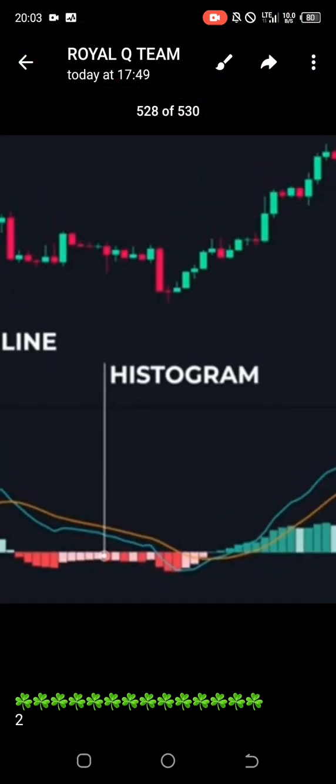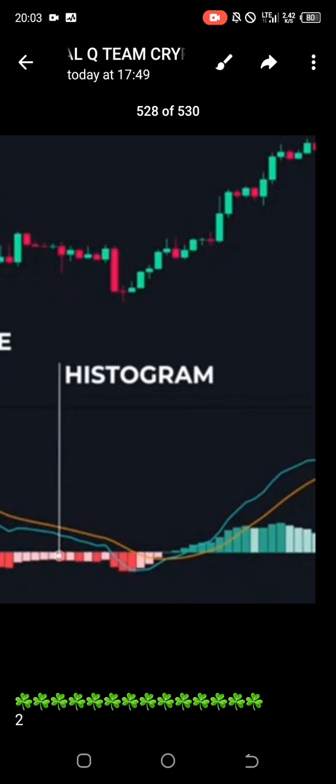It says when the MACD line is above the signal line, I've already taught you what a signal line is, the histogram will show green. So some people will go, where are these green bars from? They'll be just there and then a green bar will come. It'll be there and then a red bar will come. So why is the color green and why is it red?